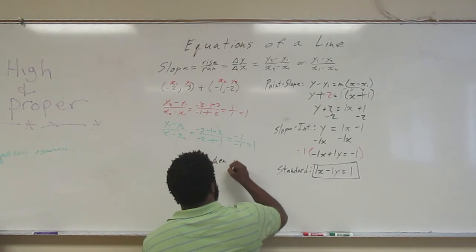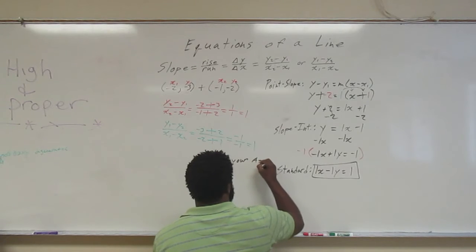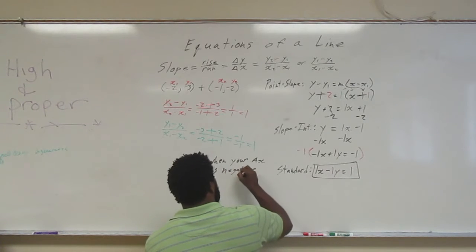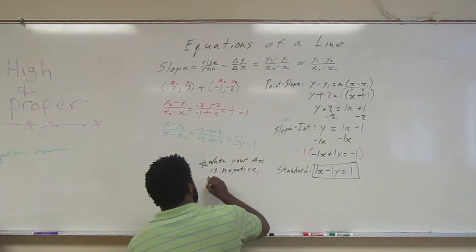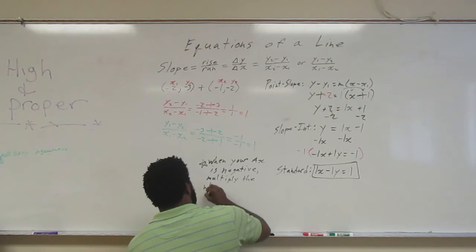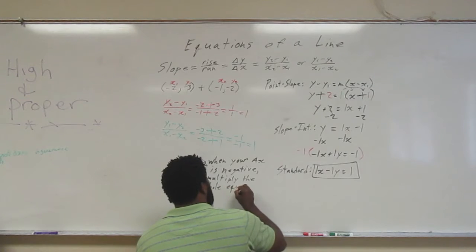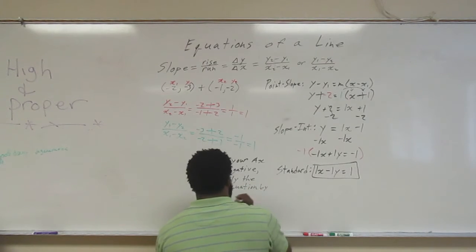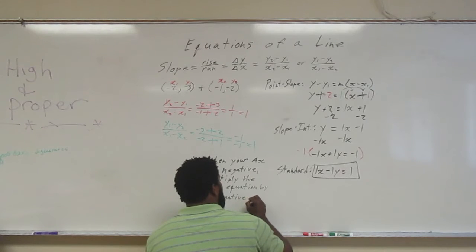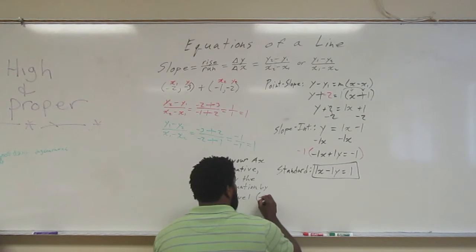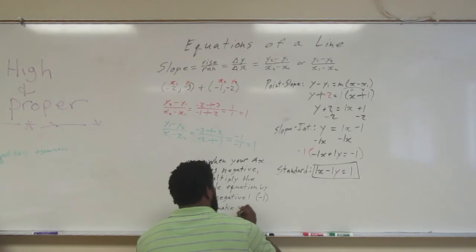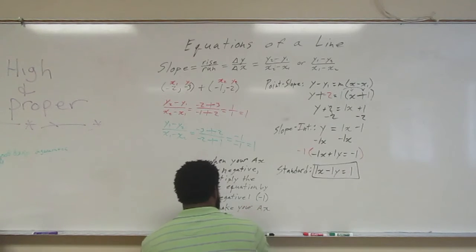When your AX is negative, multiply the whole equation by a negative 1 to make your AX positive.